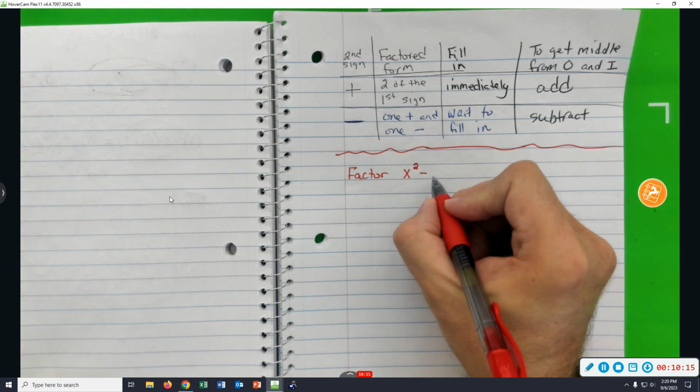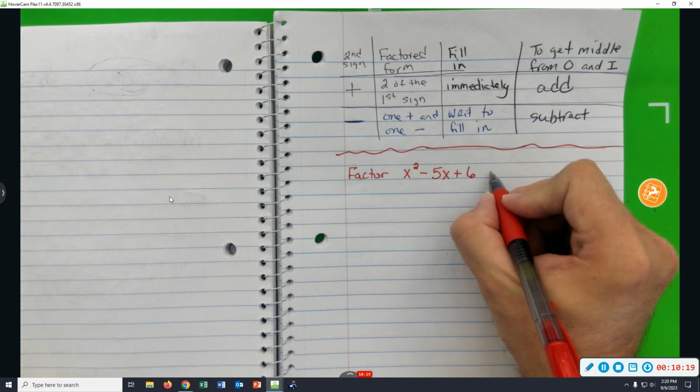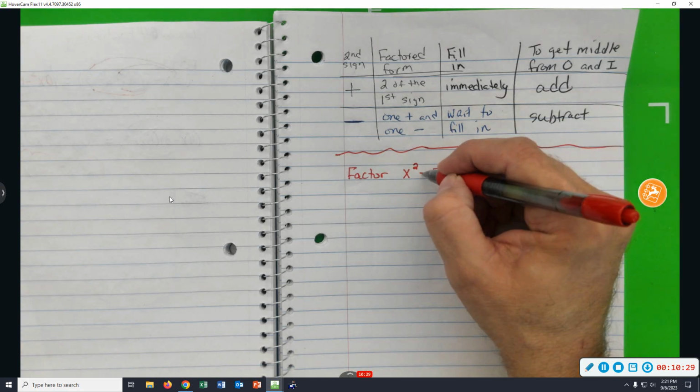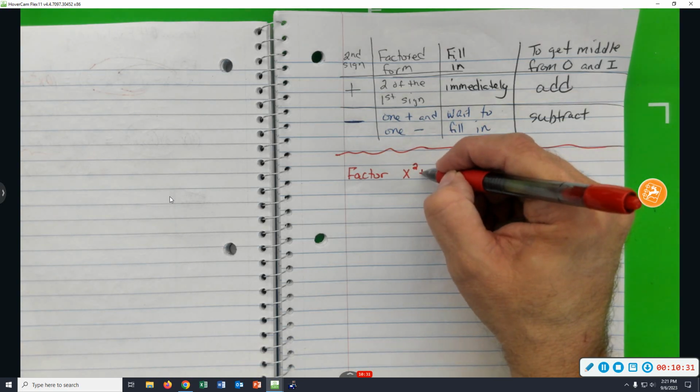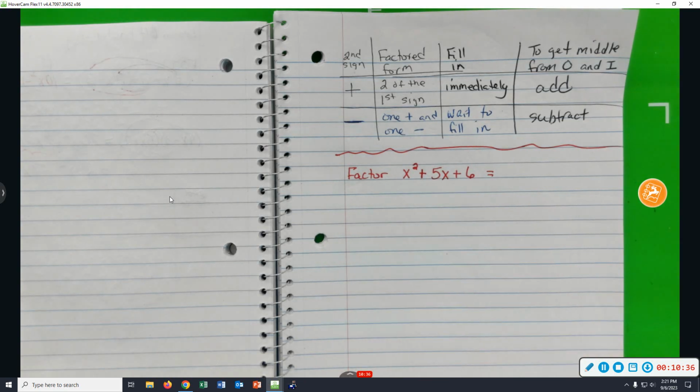Here's an example we'll do before we actually do one of the homework problems. Factor x squared minus 5x plus 6. By that I mean, oops, this minus right here, I'm going to put that as a plus. There. X squared plus 5x plus 6.